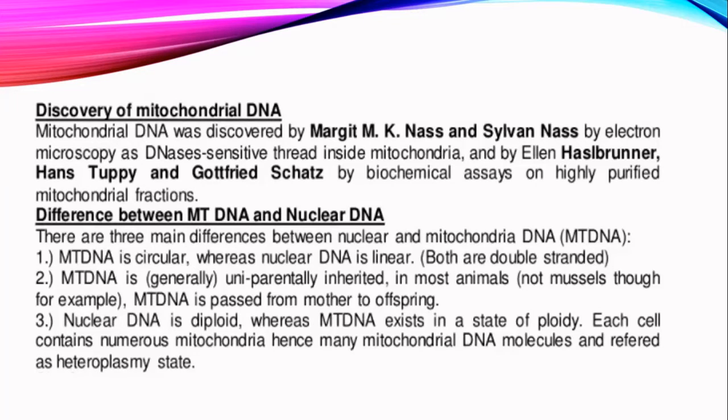So what is the difference between the mitochondrial DNA and the nuclear DNA? First, mitochondrial DNA is circular like what we have in bacteria, while the nuclear DNA in eukaryotes is linear and helical.